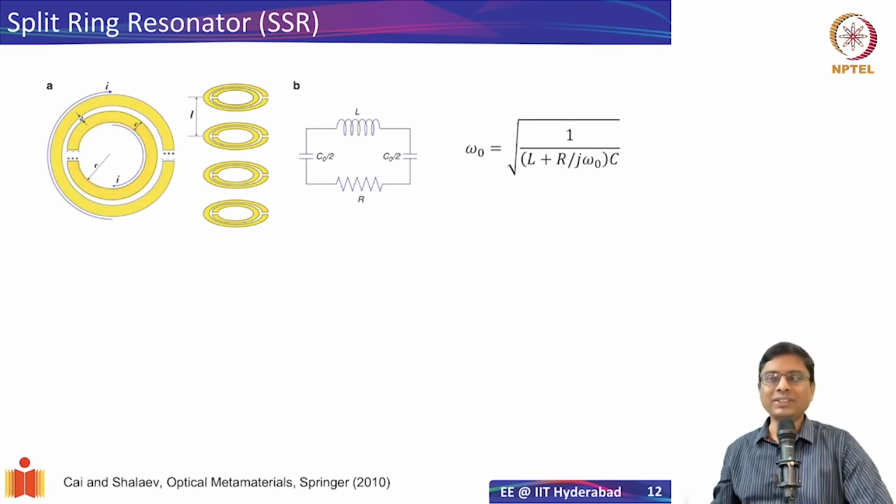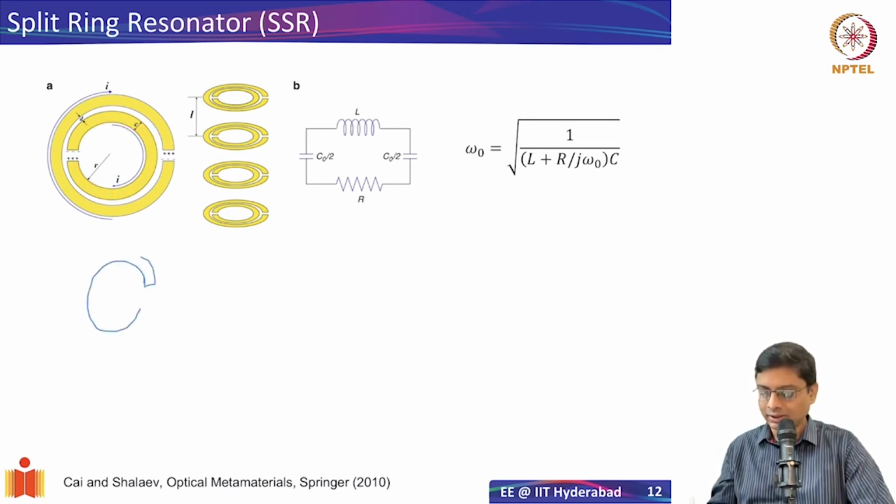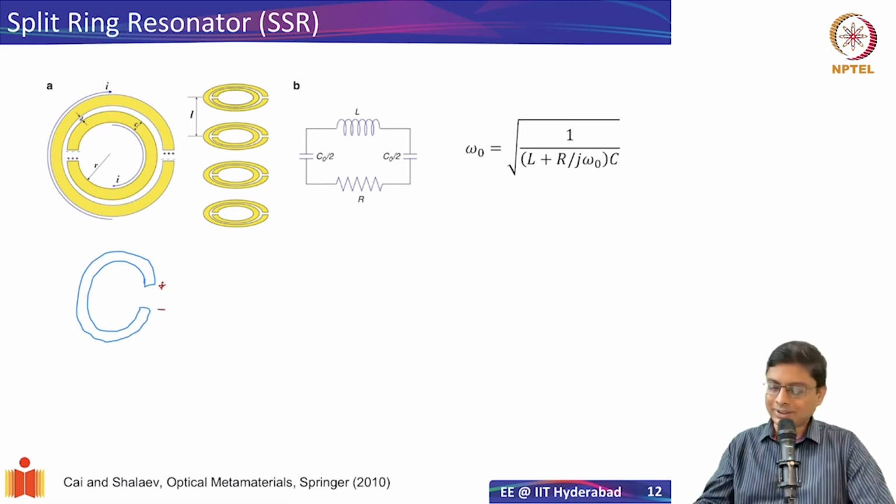The reason I want to do that is, if you have a regular split ring of this fashion, like what we have seen, we already said that there is a capacitance here. There's a positive and negative charge. So this essentially creates a strong electric dipole, right?